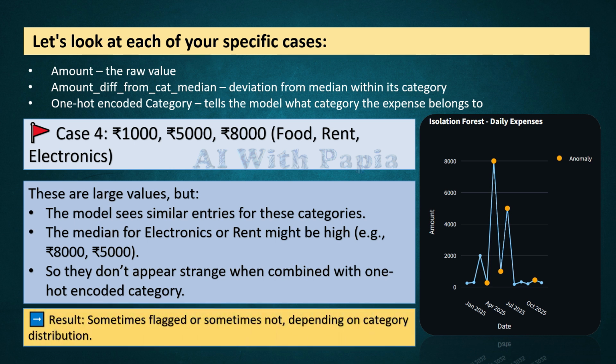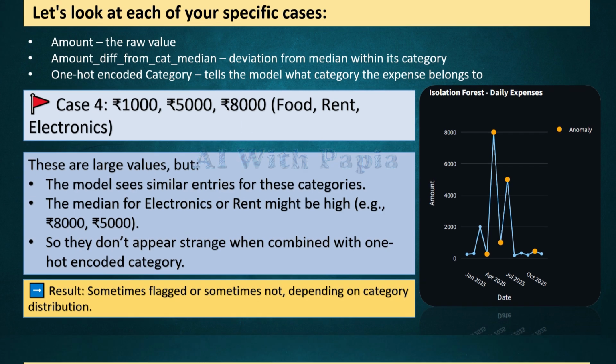So the result is sometimes flagged and sometimes not, depending on the category distribution. Because of the small dataset, it may show sometimes and may not show sometimes. The behavior may change at different points of time, depending on the category and the size of the dataset. This is what I felt, so I am sharing it with you.